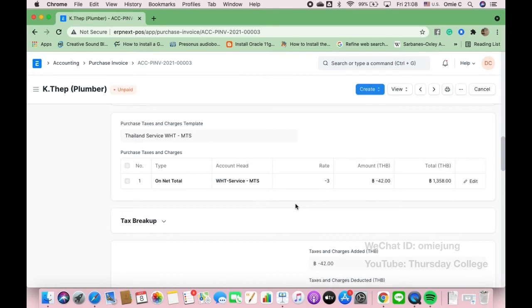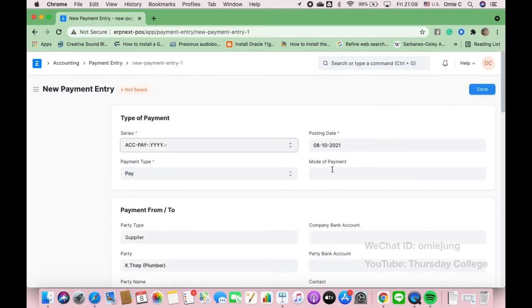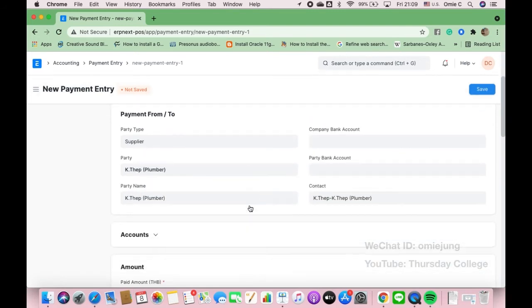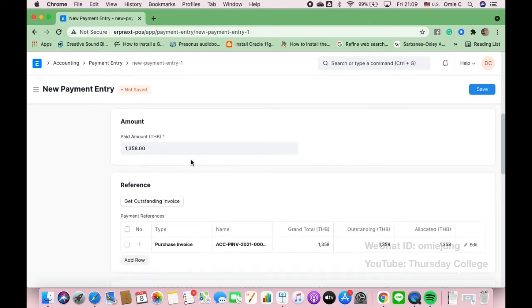So when you really do the payment, this one is unpaid, right? So we do the payment entry. We pay cash to him, we just use the cash to pay him right away. So when we pay the cash to him, we pay 1358, I'm sorry.